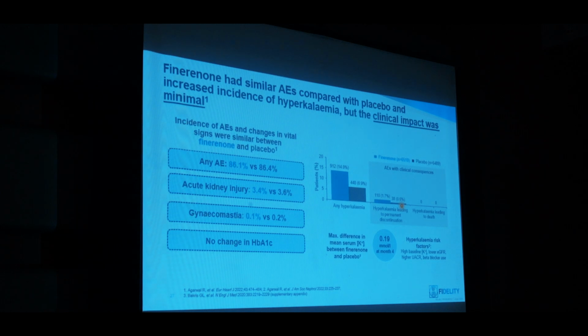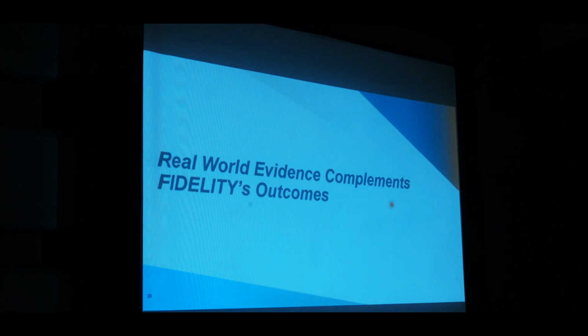Other adverse effects like acute kidney injury and gynecomastia were not seen. No gastric side effects were seen with finerenone. The only thing is a slightly higher incidence of hyperkalemia, and that too only in 1.7%. So the risk of hyperkalemia has been reduced with this newer molecule, finerenone.